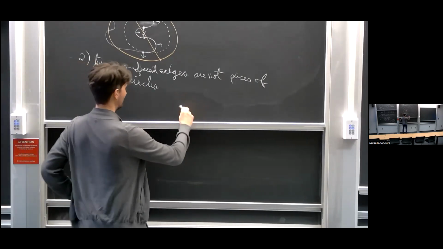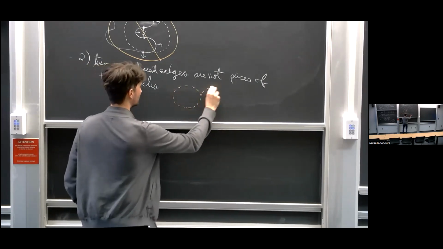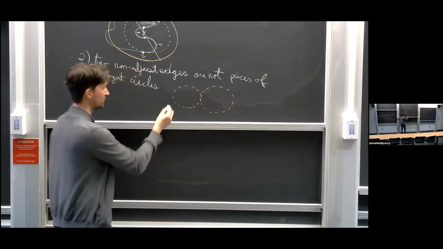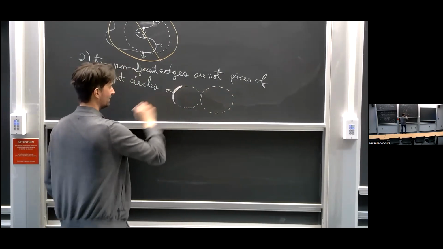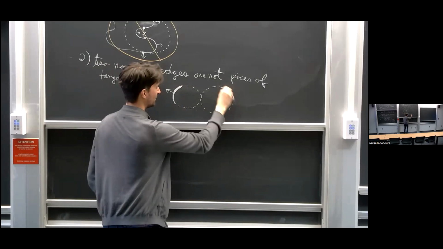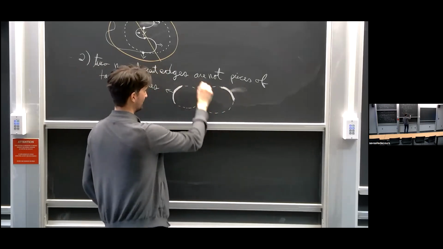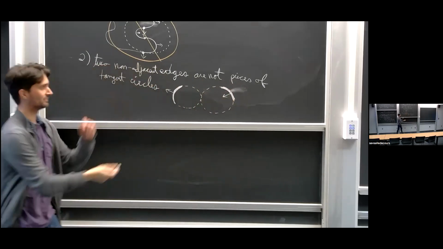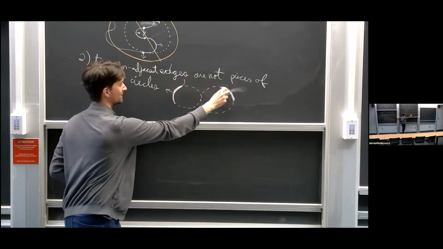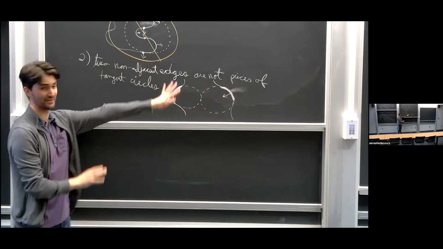That's fairly easy. If I draw two tangent circles, then I don't want to have an arc of this one somewhere in my curve and an arc of that one somewhere in my curve. They should be tangent, so if this one points outward, this one has to point inward. So I don't want to have a curve where these are. I don't know what happens in the rest, but I don't want this to happen.